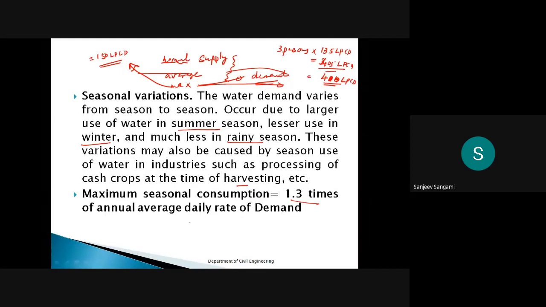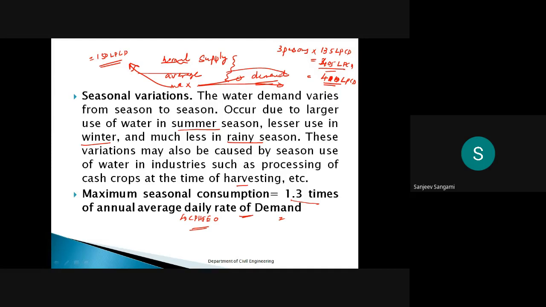The standard as per the CPHO norms was arrived at by conducting many successive experiments. How exactly is the maximum seasonal consumption to be satisfied? It has to be taken as 1.3 times the annual average daily rate of demand. Whatever the daily demand is, it has to be multiplied by 1.3.